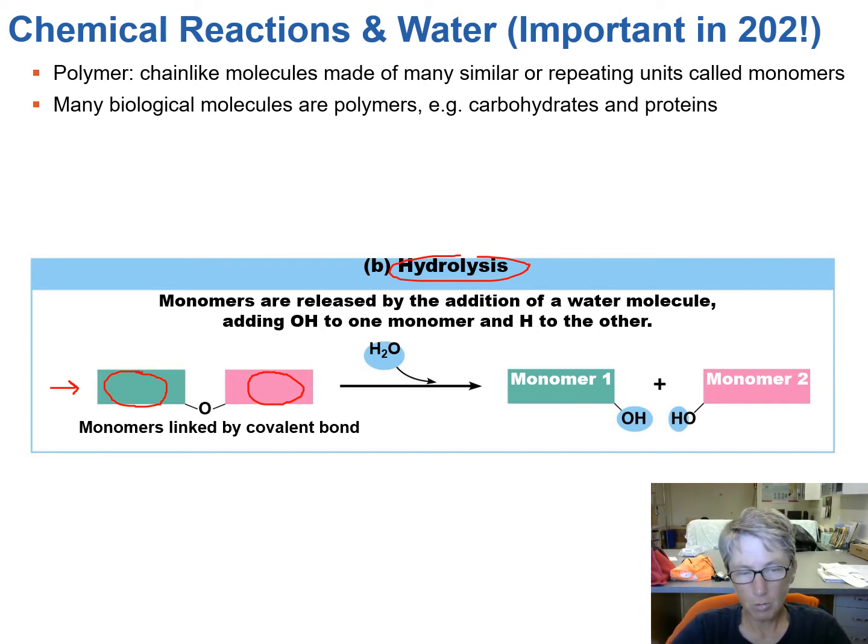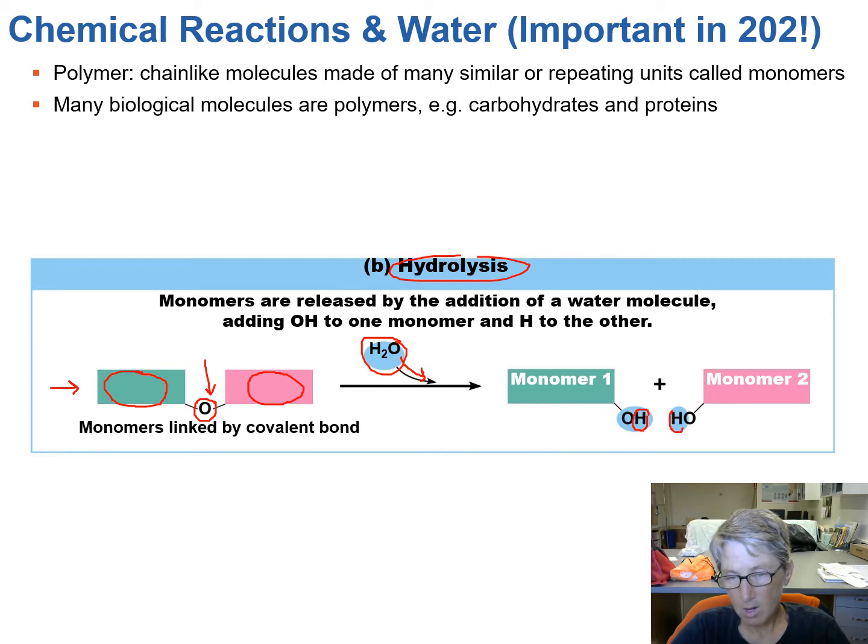So in this cartoon, these monomers are linked by a covalent bond here. If you want to break that bond, you can do this thing called a hydrolysis reaction, where you put a molecule of water into the bond and it breaks it. So remember, you've got two H's and one oxygen in water. Here's one of the H's.